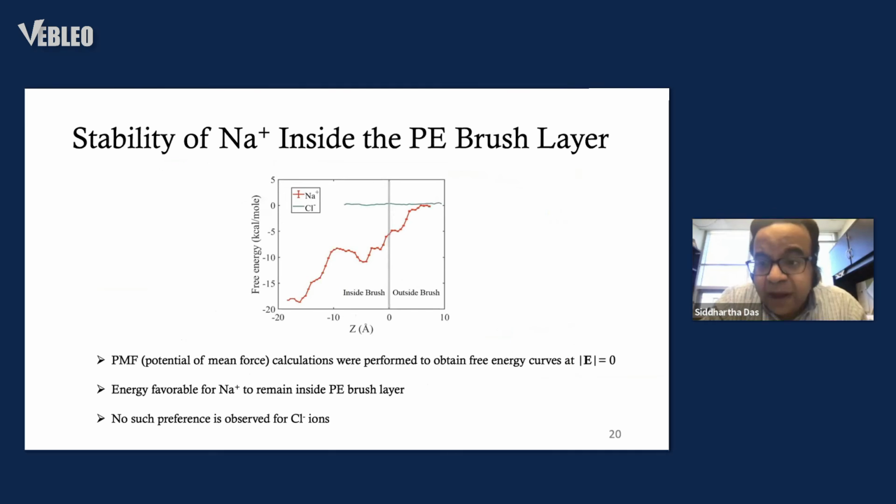This is actually confirmed by the free energy calculation, where we find, as you can see, there are two minima in this sodium ion distribution plot. We consider an overscreened brush layer, take a sodium ion, consider different locations and study the free energy. You see there are two minima. That means it is energy stabilized over there. The sodium ion prefers to be there.